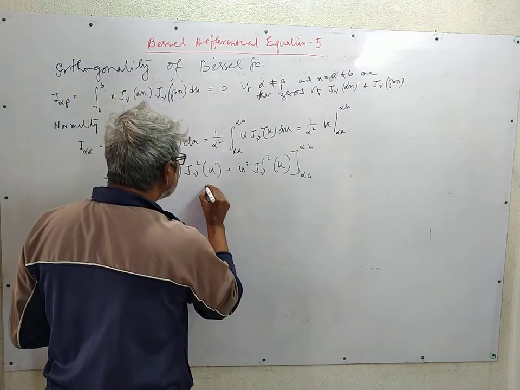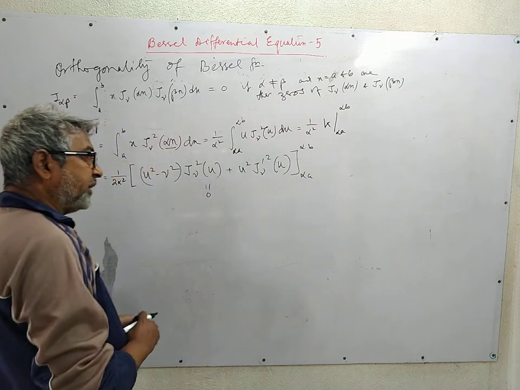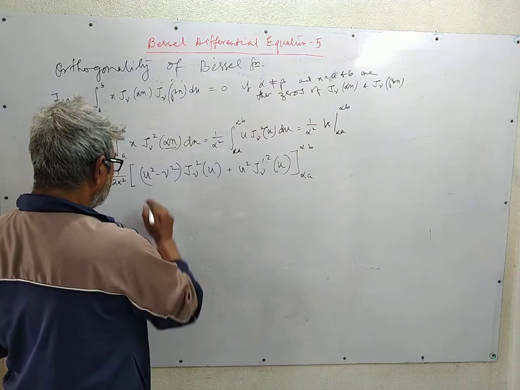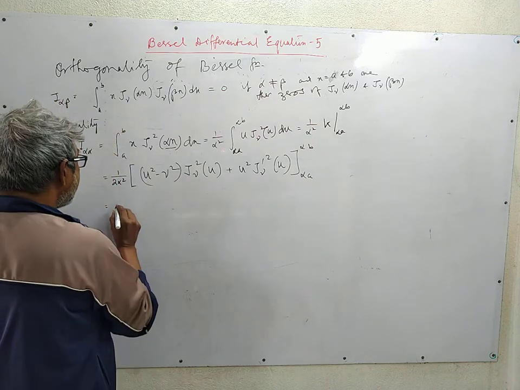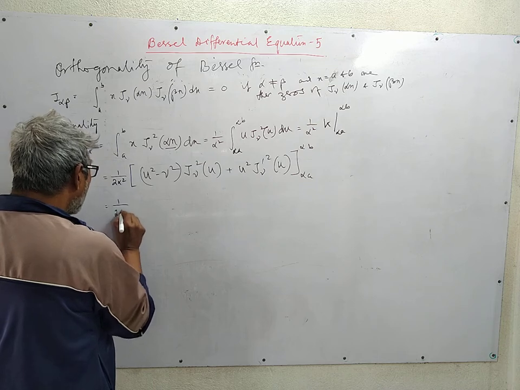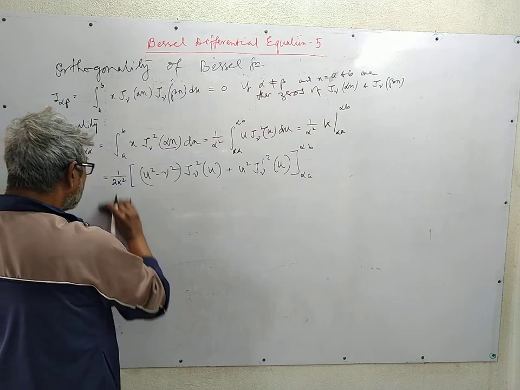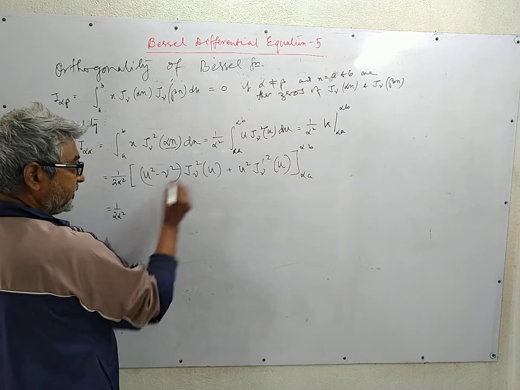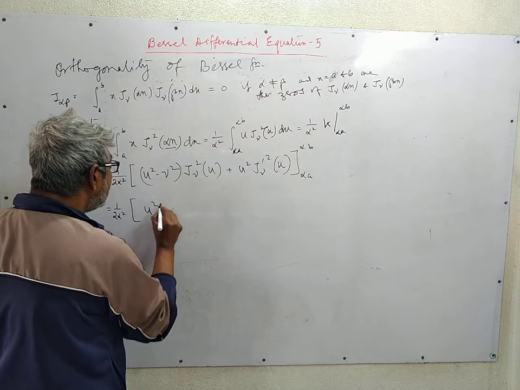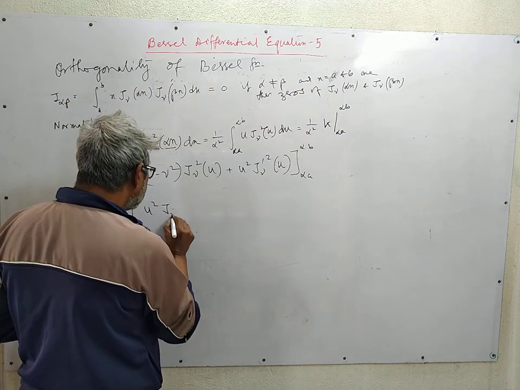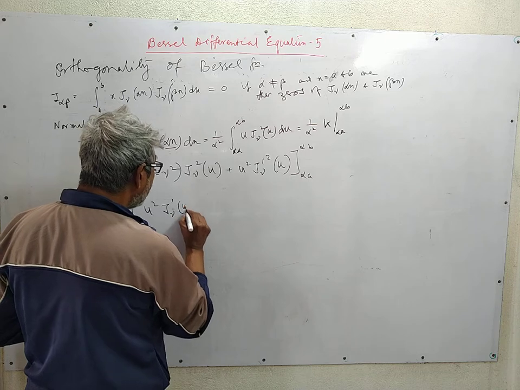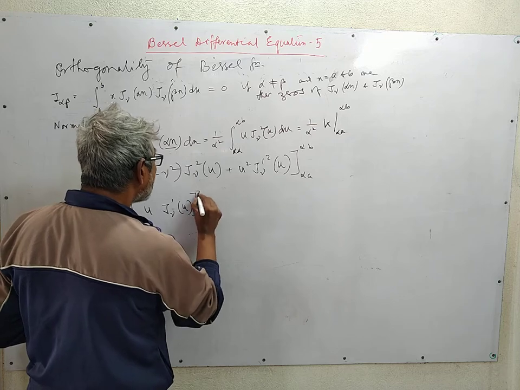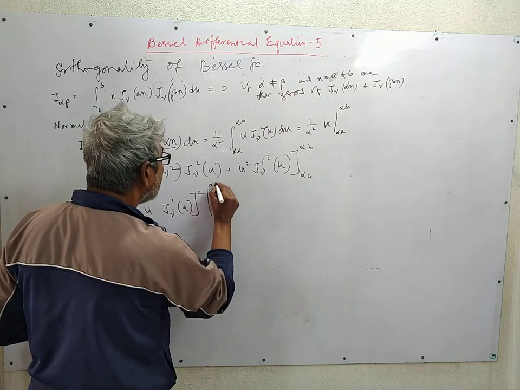So the first term is 0 at the extremities. So we have 1 upon 2 alpha square, and here we have u square J_nu prime of u, this whole thing square, with limits alpha a to alpha b.